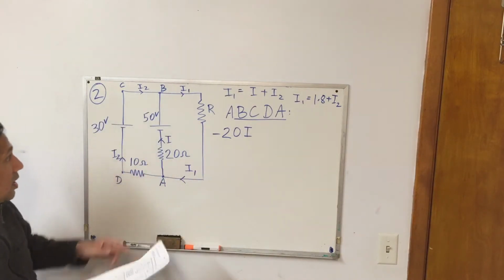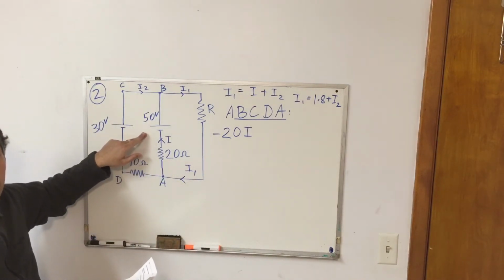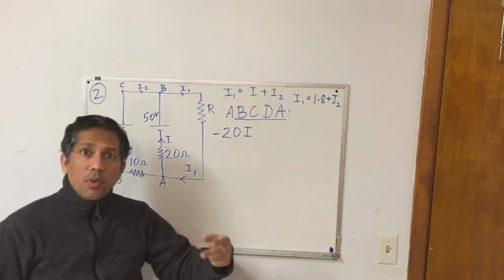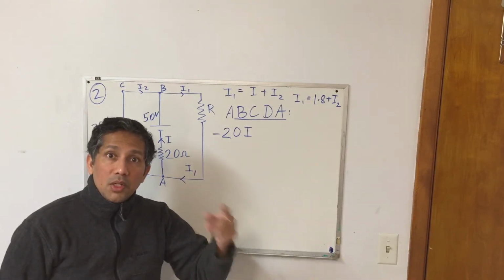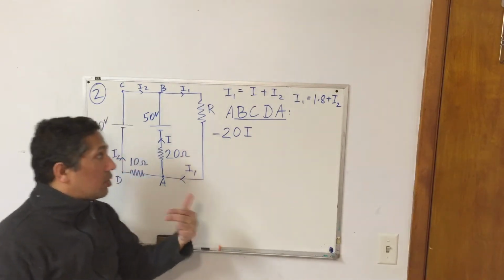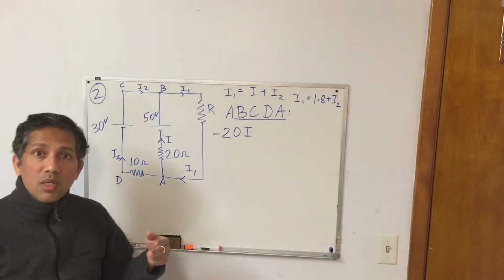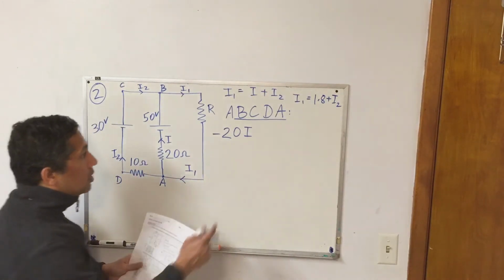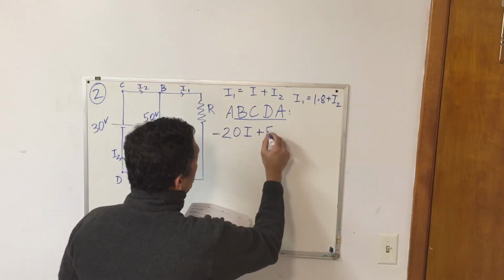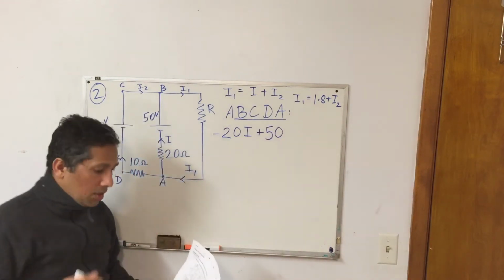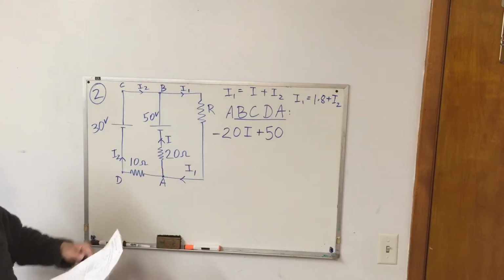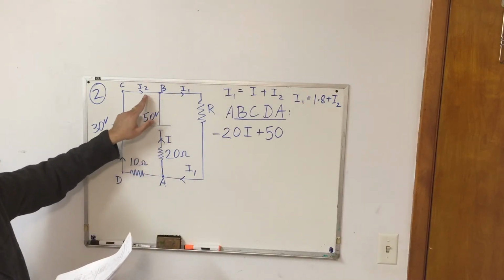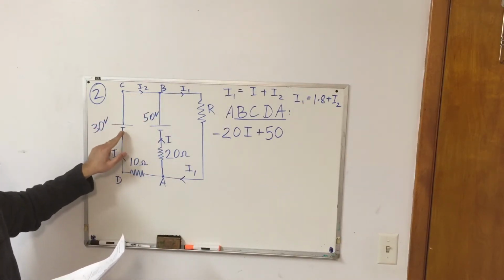What's the next thing I see? I see this 50 volt battery. Am I going from the negative to the positive or the positive to the negative? I'm going from the negative to the positive, which means I gain potential, so plus 50 volts. I'm suppressing the units. Then I see this 30 volt battery.